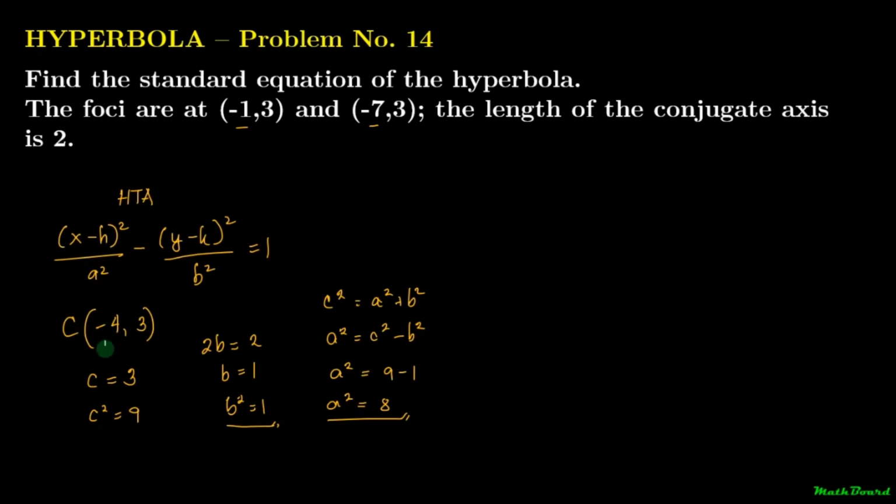So, ito yung ating h, ito yung ating k. So, ang equation niya ay x, ang h is negative 4, so x plus 4 squared divided by ang a squared natin, yung 8. Minus y, ang k, positive 3, so minus 3 squared divided by b squared, 1 equals 1.